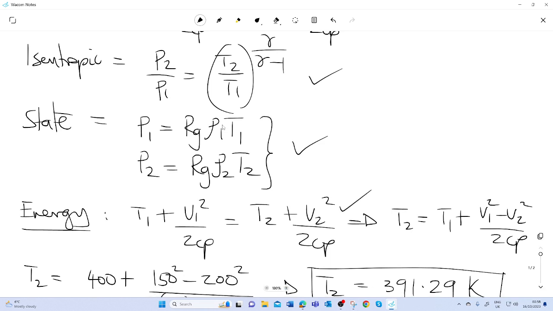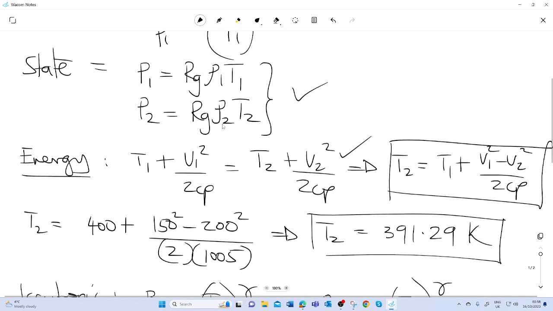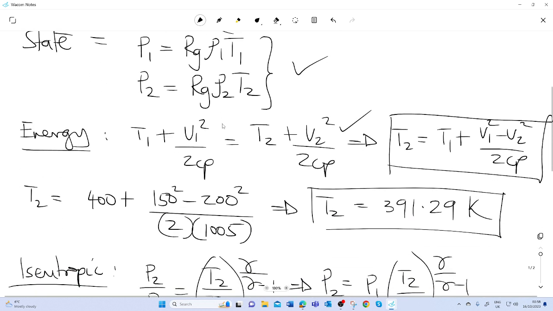Now, to find our T2, it becomes this equation: T2 equals T1 plus V1 squared over 2Cp minus V2 squared over 2Cp. By slotting in all the values, you can get T2 to be 391.29 Kelvin.